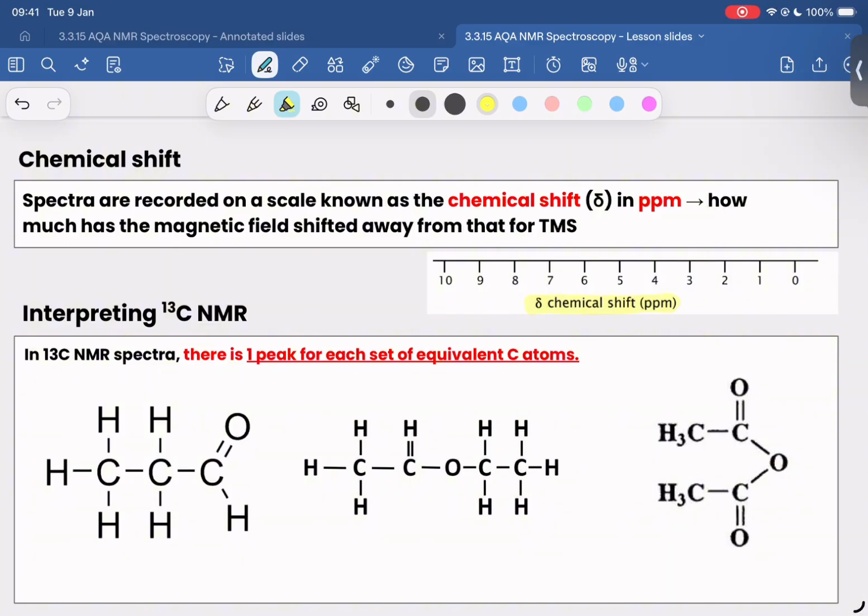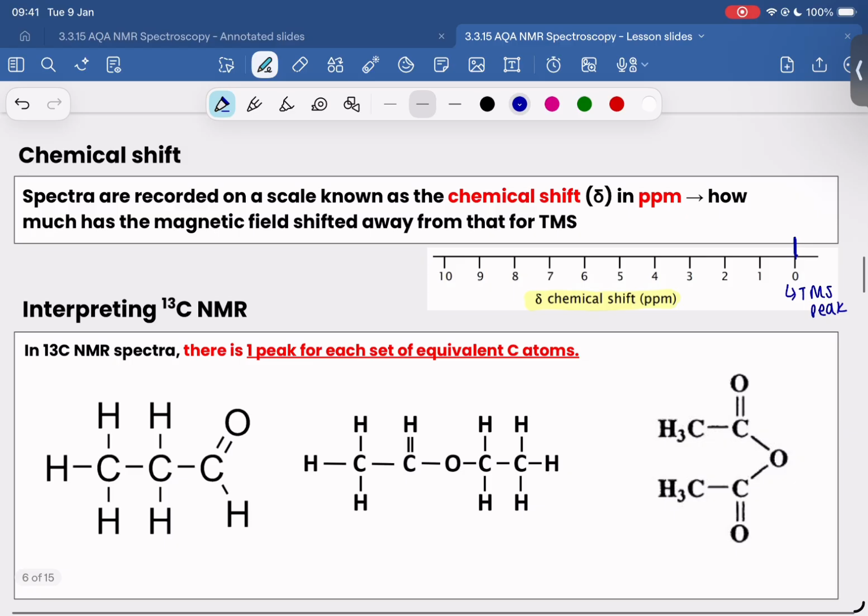How much energy that particular nucleus has absorbed, which makes it move further away from the TMS peak, which is at 0 parts per million. So in all spectrums, you'll have a peak at 0 because that's your standard. So you're essentially looking at how the magnetic field and the energy of each of the nuclei shifts away from the standard TMS peak.